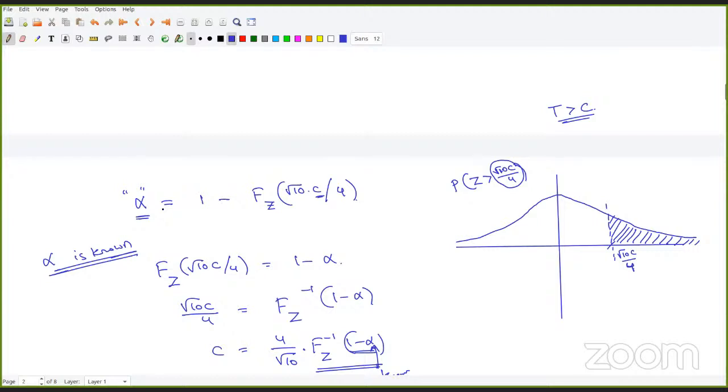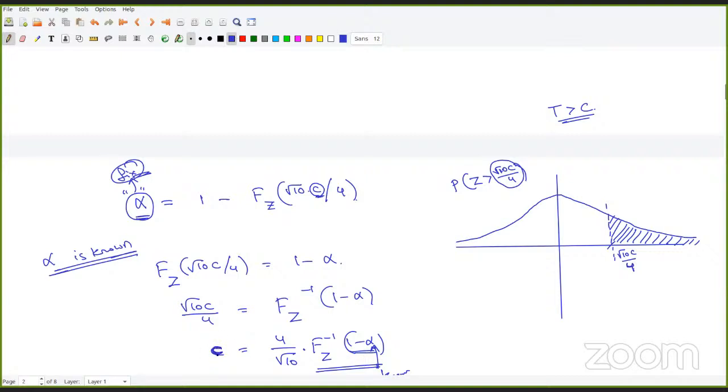It means how much we can relax our testing: whether you can allow 5% type 1 error or 10% error is in our hands. You can fix this alpha. By fixing alpha, we compute the value of C using the inverse Z table.